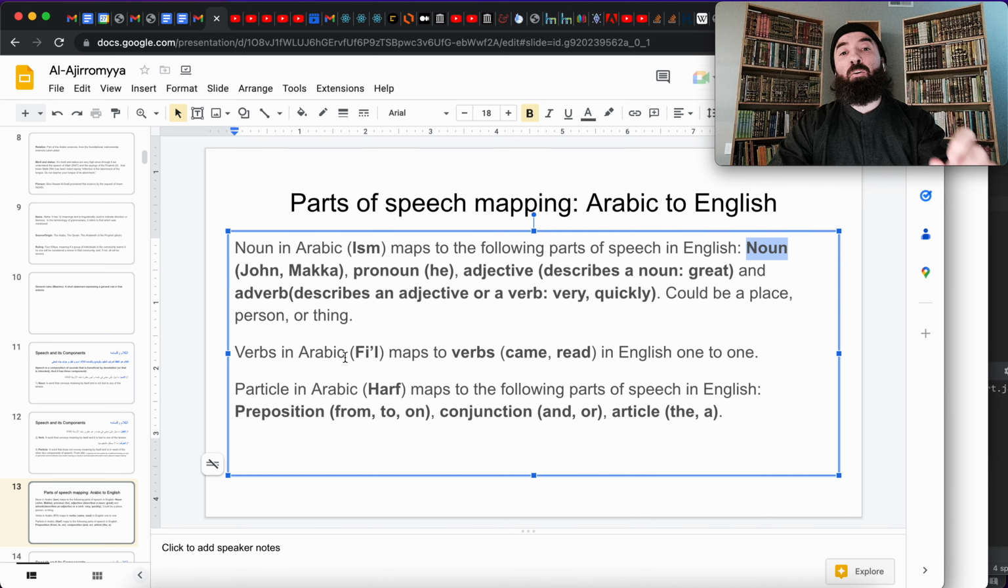And a fa'al in Arabic maps to a verb, and this is very straightforward. There is a one-to-one mapping. A particle in Arabic, what we call a harf, maps to the following parts of speech in English: preposition, conjunction, and article. And I may be missing some parts of speech, but this gives you a general idea that what you mentioned are the main parts of speech. However, there are subcategories that fall underneath these parts of speech, right?